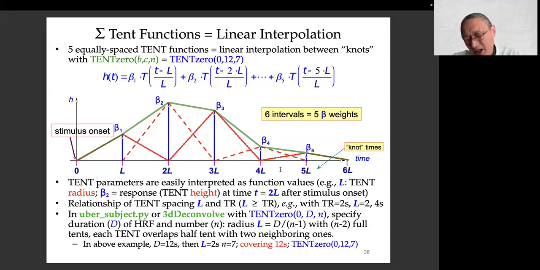In SPM's canonical HRF, the undershoot is pretty shallow, but in reality, in some brain regions, the undershoot is much deeper, sometimes even as deep as the peak. So there is a lot of heterogeneity in the shape itself, in addition to the peak magnitude.